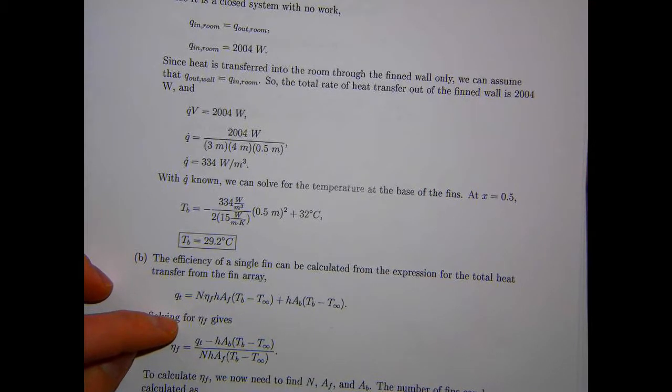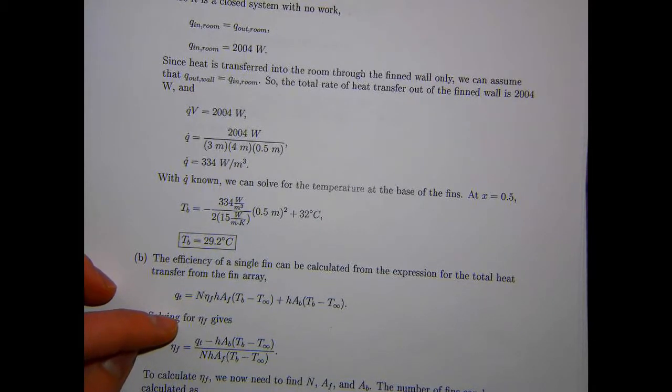The problem asks for the efficiency for a single fin, but what you know is the total heat rate for the wall. And a lot of you actually did that successfully.